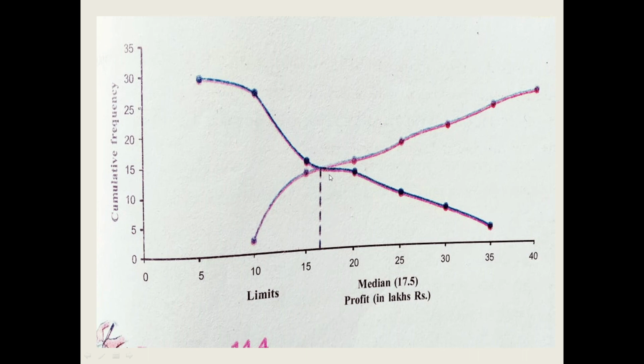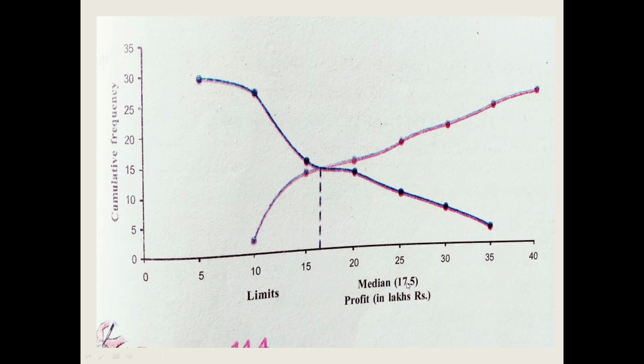You can draw a perpendicular line from the point where these two curves, the less than cumulative frequency curve and the greater than cumulative frequency curve, intersect. We construct a perpendicular line with the help of a scale. It touches the x-axis at a point. That point gives us the median.